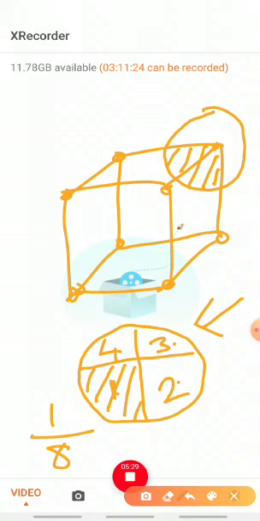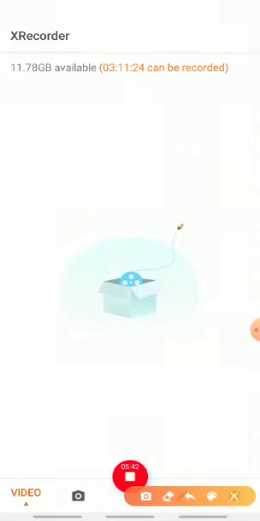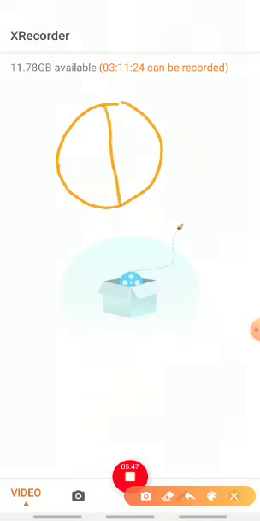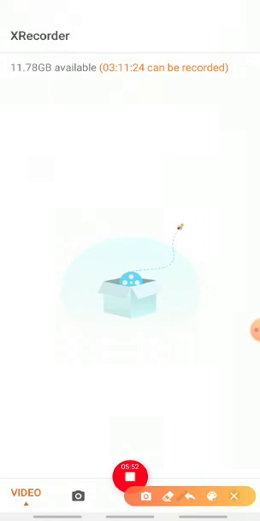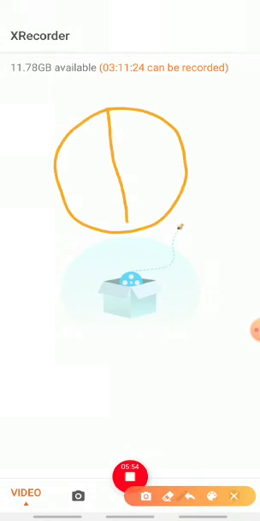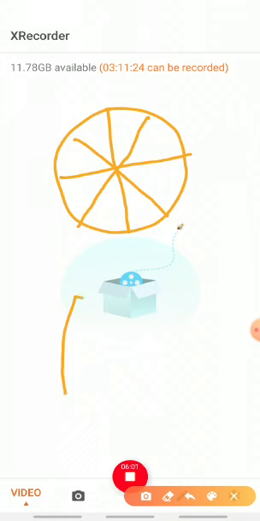And like this, how many circles are there? You see 8 constituent particles are at 8 corners, which means 8 such circles, and 1/8 of 8 is 1. Okay, once more I will explain. If I draw a circle and make 8 parts of that circle, and downside I draw a cube.